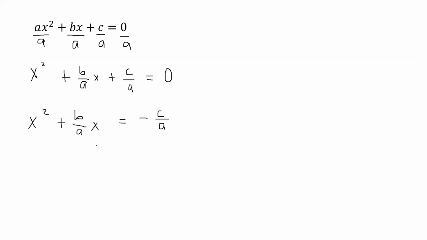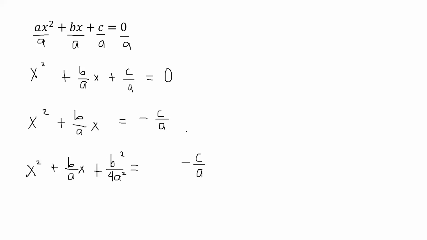And now, using completing the square, let's just copy this first. x squared plus b over a x is equal to negative c over a. By completing the square, we can add something here: b squared over 4a squared.